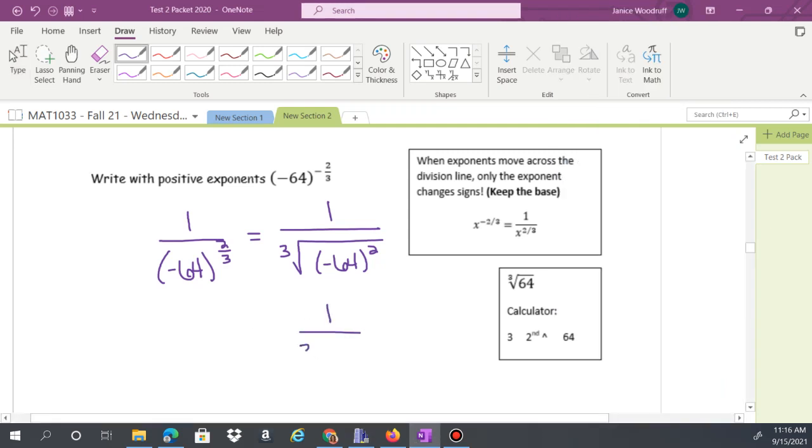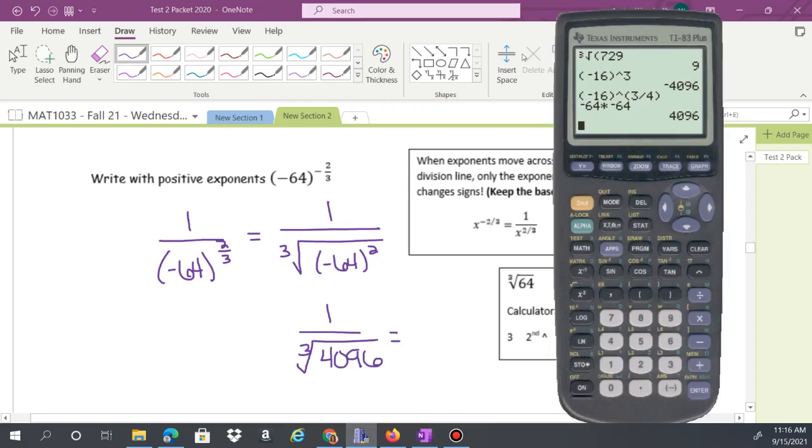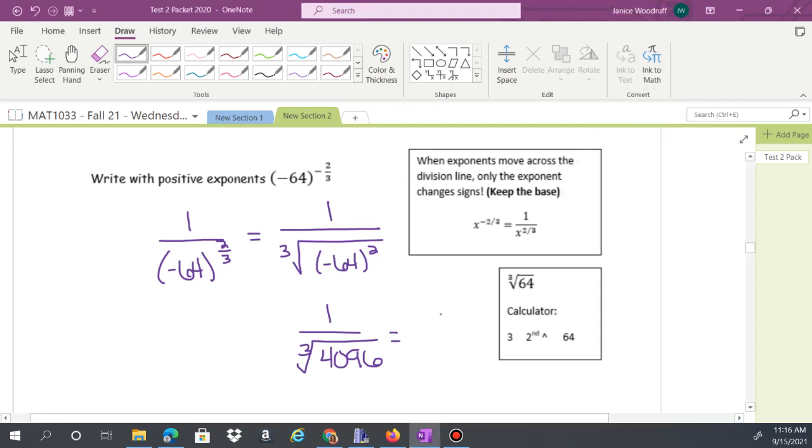And then 1 over the cube root of 4,096. Is that going to give us a nice answer? 16. So 1/16. Okay, so this is the answer with positive exponents right here. And then this is the answer fully simplified.